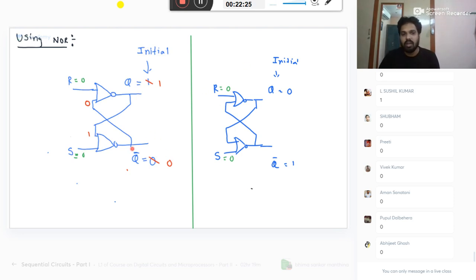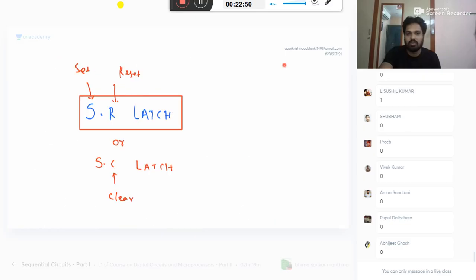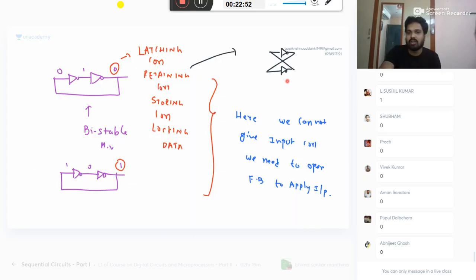Just listen. I am taking S equal to 0, R equal to 0 as my inputs. Q and Q bar can be any value. I just assumed 1, 0 and also 0, 1 initially. Two cases I'm analyzing. Because there is no disable input, you can analyze from any point. I assumed initially 1, 0. Because both of them are just like inverters, it is the same figure: two inverters connected back to back.